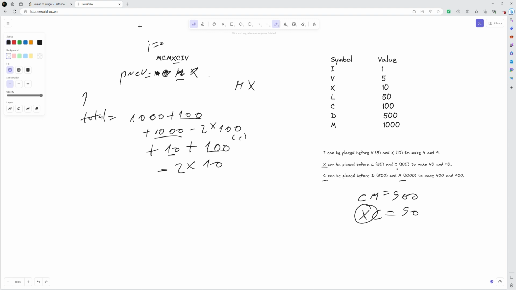We will place prev as C, and our current next character is I. So we will just add 1, and CI is the next combination.